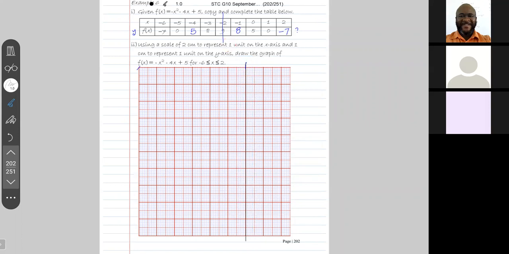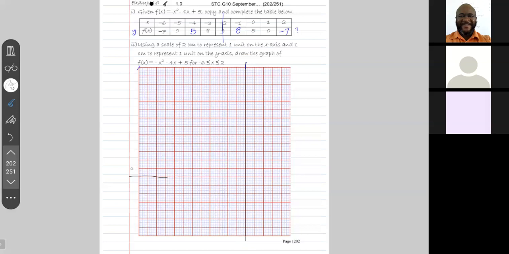All right, the x-axis now. The highest value of y is 9. The lowest value of y is minus 7. So that's roughly half and half, but I need a little bit more space to the top. So I'm probably going to draw my x-axis maybe here. 1, 2, 3, 4, 5, 6, 7.